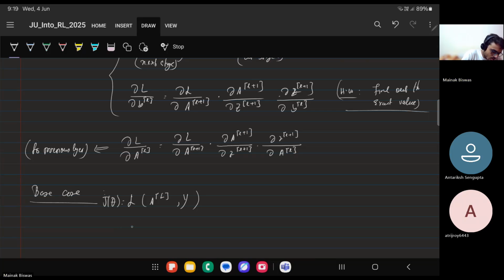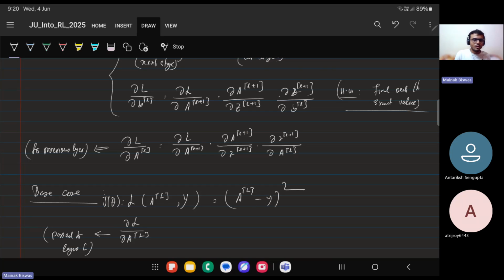So dJ or dL, dA capital L, is passed to layer L. Clear to everyone? Fine. For example, if the loss is AL minus Y whole square, you'll just do 2 into AL minus Y, isn't it? Clear? No problem.